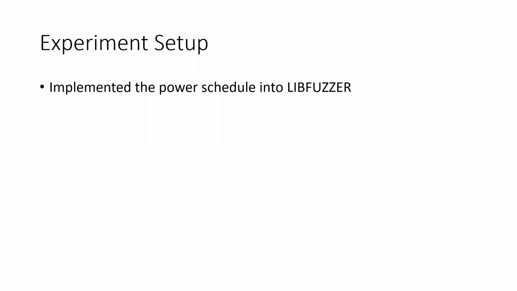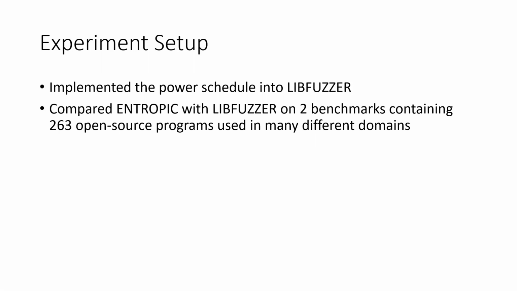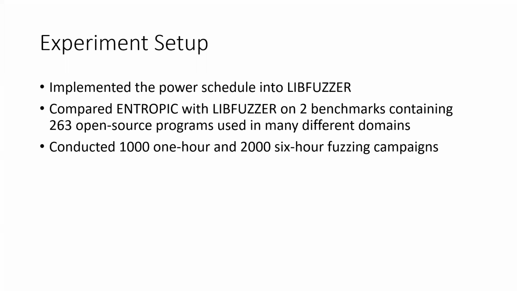This is the experiment setup. They implemented Entropic using libFuzzer, and they compared Entropic with libFuzzer on two benchmarks that contain 263 programs applied in many different domains. And they conducted 100 one-hour and 200 six-hour fuzzing campaigns.